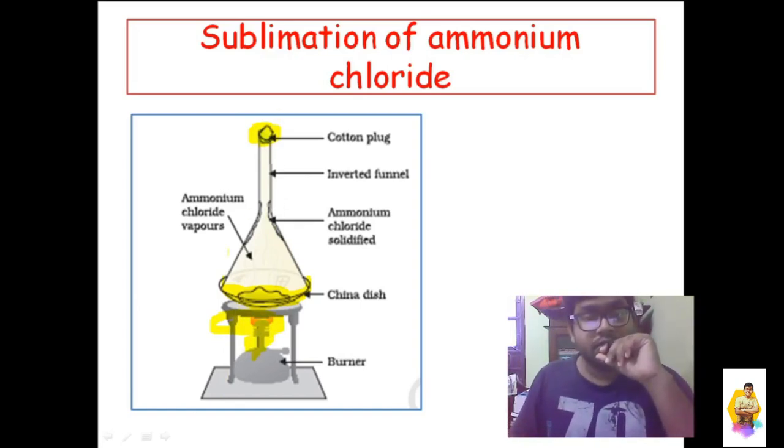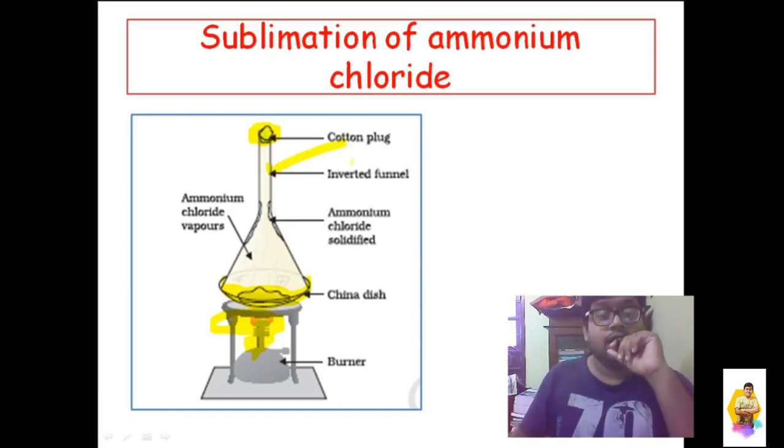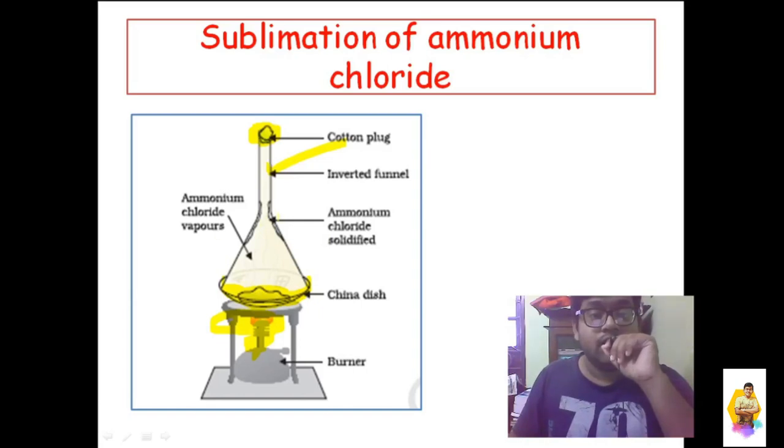But when it reaches this position, what will happen? The temperature is low at the upper portion. That is why the gas of ammonium chloride will be converted into the solid once again, because that's a reversible process.